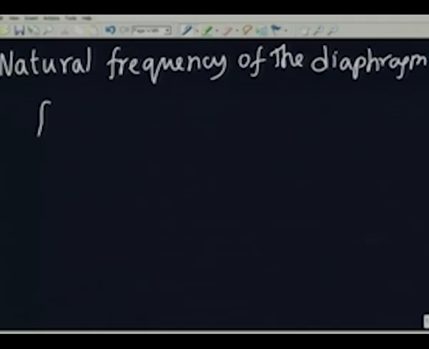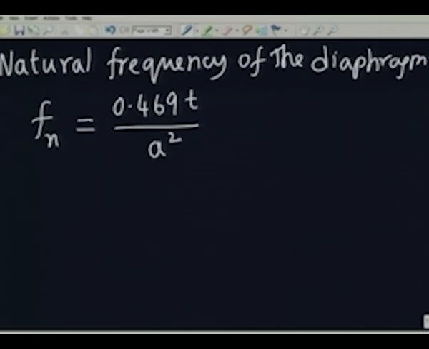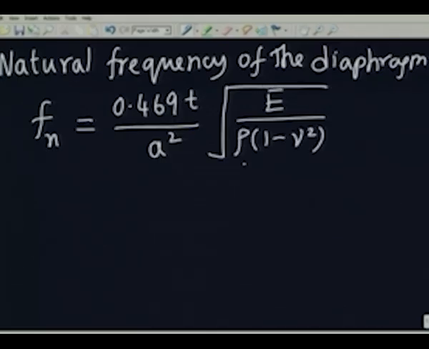So, the natural frequency is given by f natural, again for small deflections, as 0.469 times T by A squared, times the square root of E by rho into 1 minus nu squared, where rho is the density. This will give you the value in hertz.